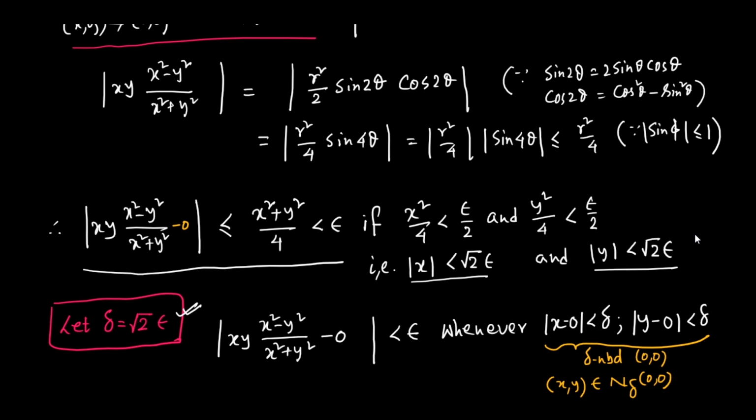That means what we got? This is my f(x,y) for the question. This is my L. So we got mod of f(x,y) minus L less than epsilon whenever xy belongs to N delta (0, 0). So I have clearly shown you what the neighborhood is. If you give me any epsilon, by virtue of this relationship I can tell you what will be the corresponding delta.